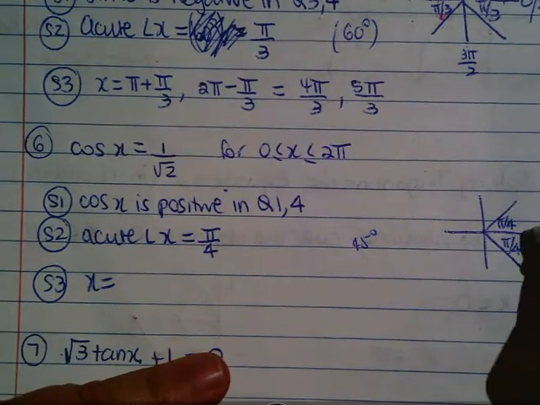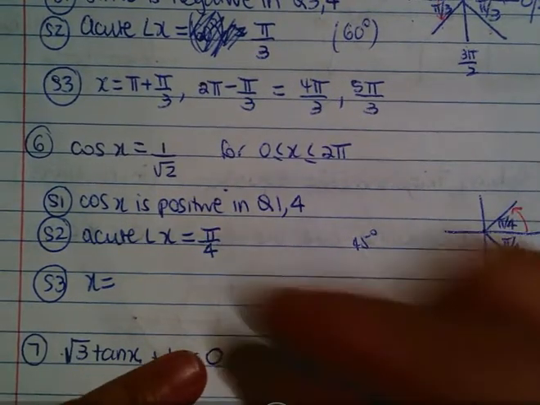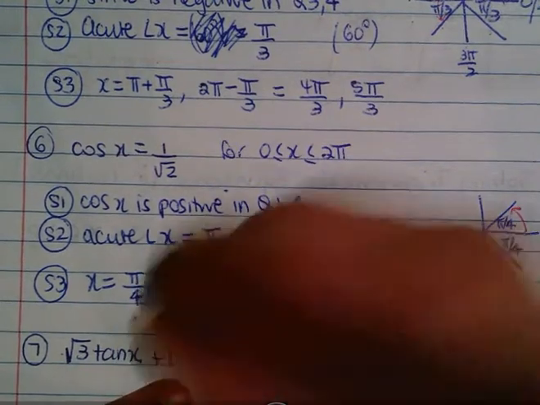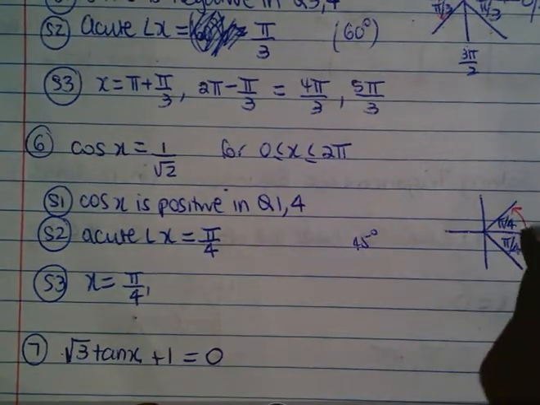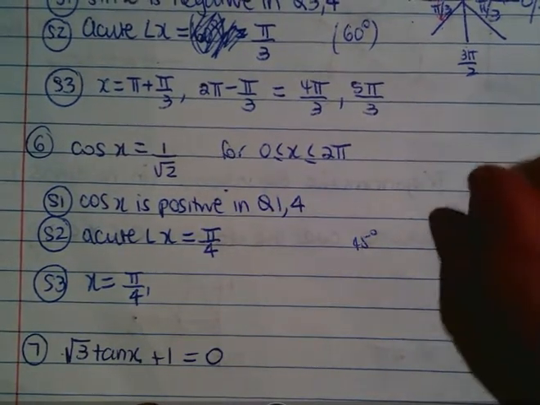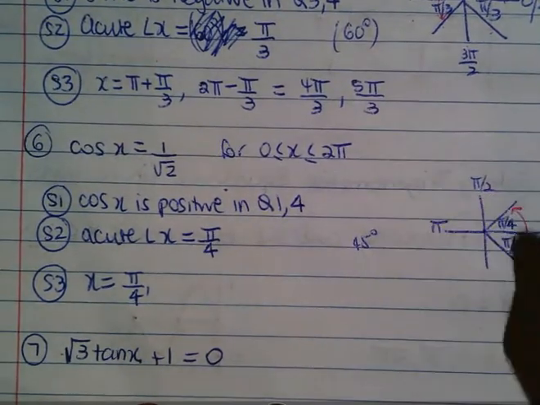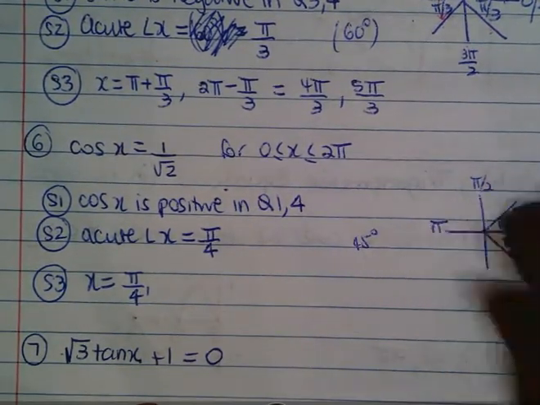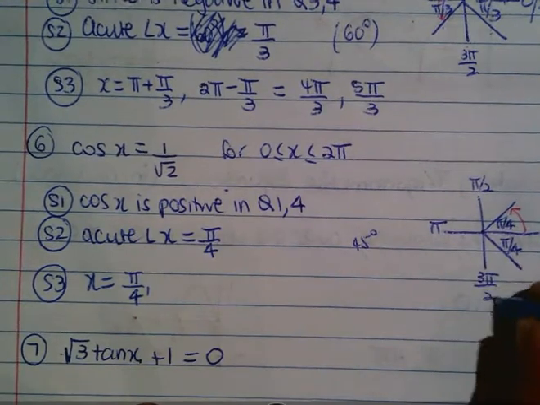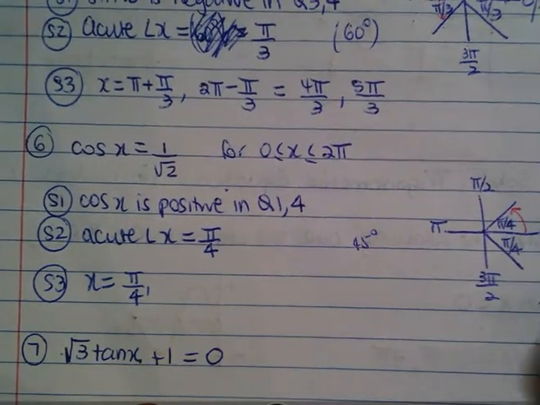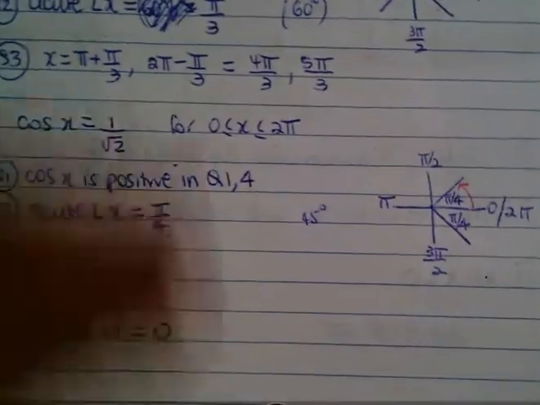And so I just go around, and my first angle is in quadrant 1, so it's pi on 4. And my last, remember, I've got 0, pi on 2, pi, because that's 0, 90, 180. 270 is 3 pi on 2. And coming back to 360, that's 2 pi.